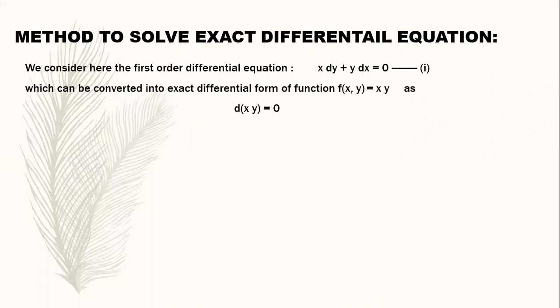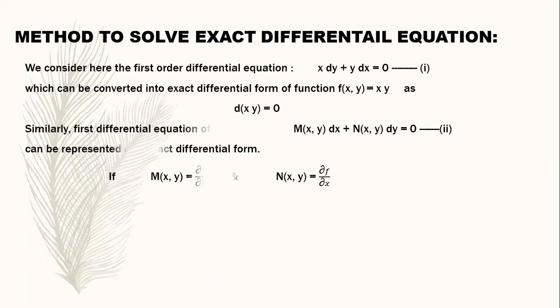Consider the first order differential equation x dy plus y dx equals 0, which can be converted into the exact differential form of a function f(x,y) equals xy, as the derivative of xy is equal to 0.